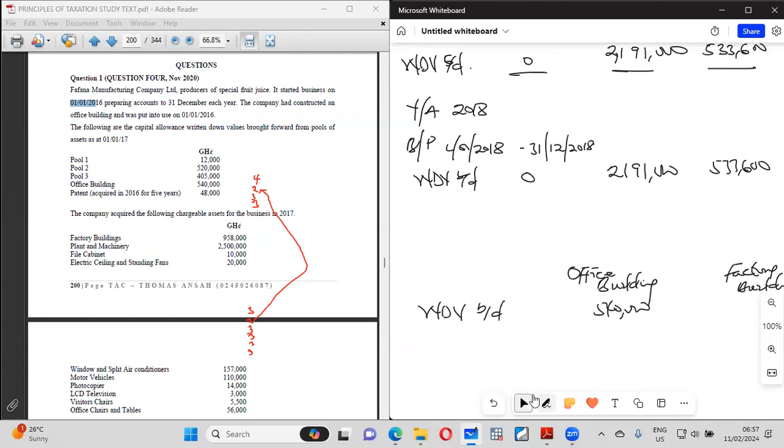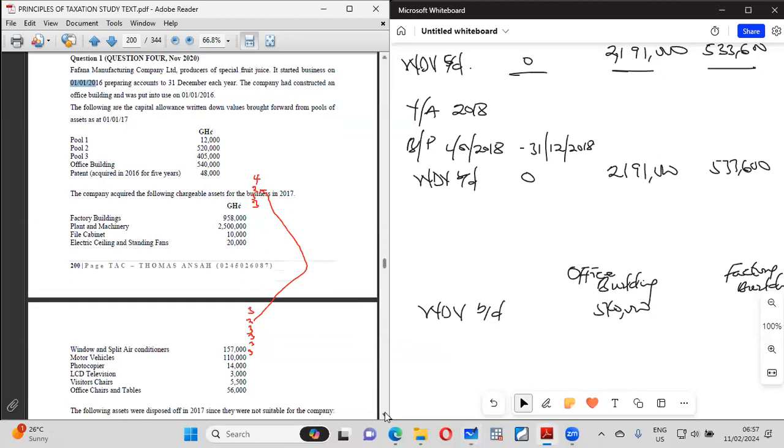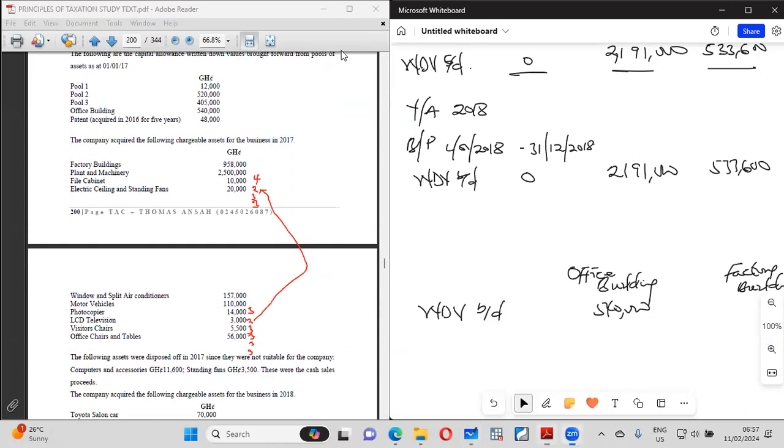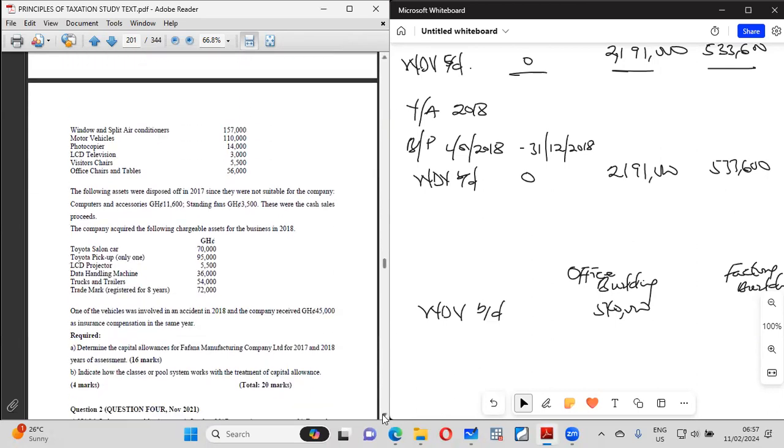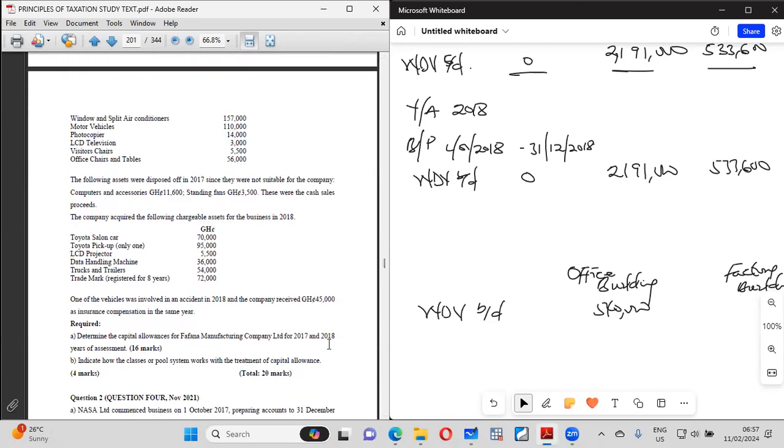All right. So what happened in that year? Okay. So in that year, I think there were additional acquisitions and additional disposals. All right. So for example, they bought a Toyota. It's not up to 75,000. So we are good. Then they bought a Toyota pickup, only one, 95.